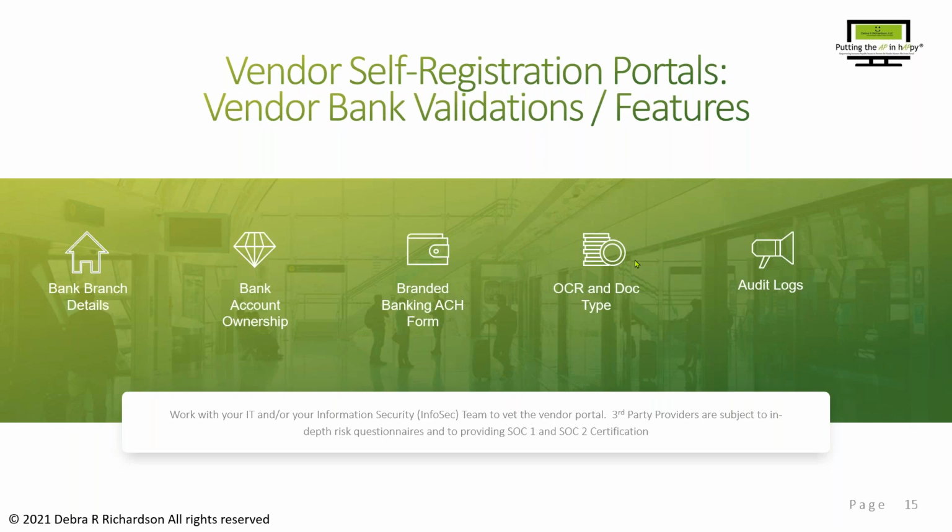And I will say again, portals are always evolving. They're always adding new functions and features. If there's something within the security or bank validations in your portal that I did not mention here, put that in the questions or the chat, and I will bring that up at the end to share with everyone.